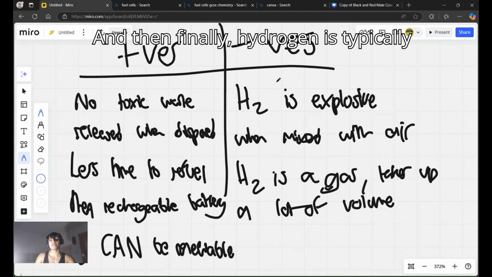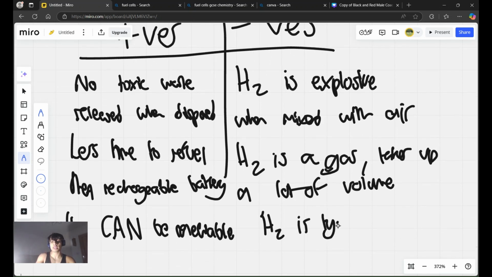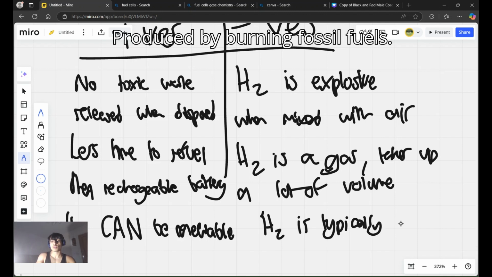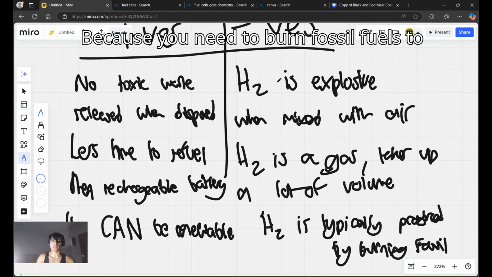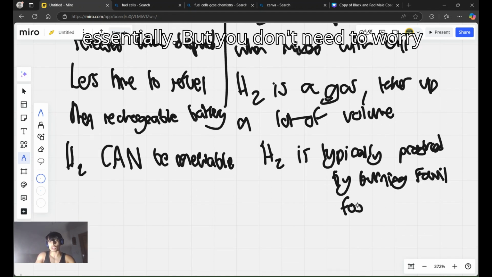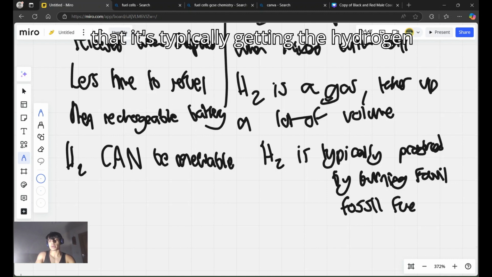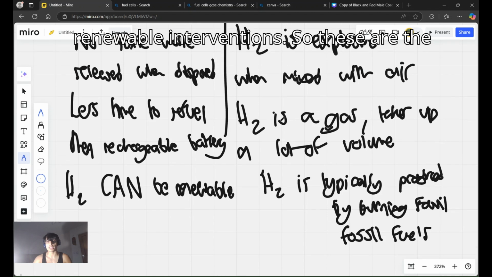And then finally, hydrogen is typically produced by burning fossil fuels, because you need to burn fossil fuels to have the energy to gain the hydrogen, essentially. But you don't need to worry too much about that. You just have to say that getting the hydrogen in the first place, you have to use non-renewable interventions.